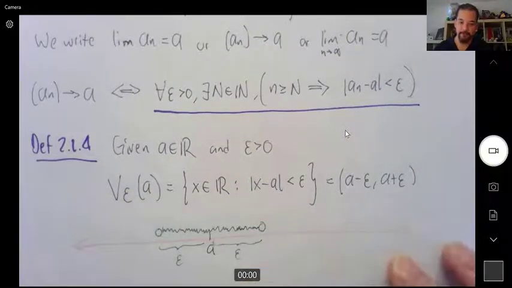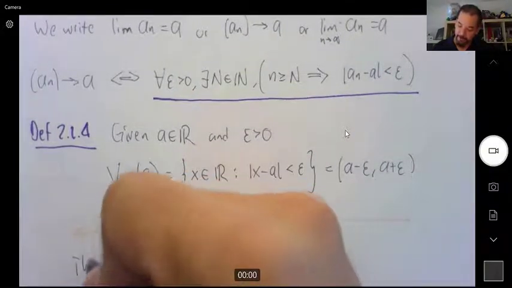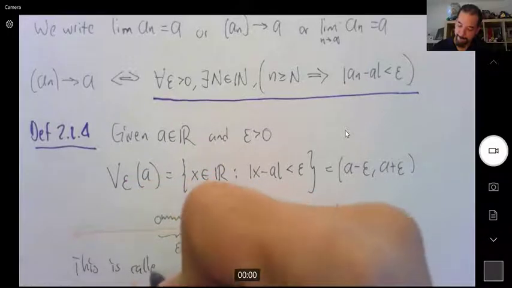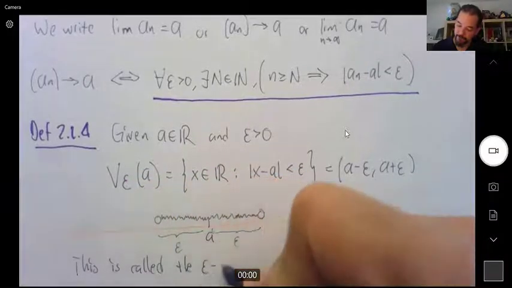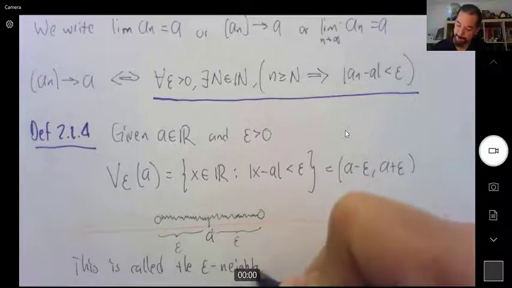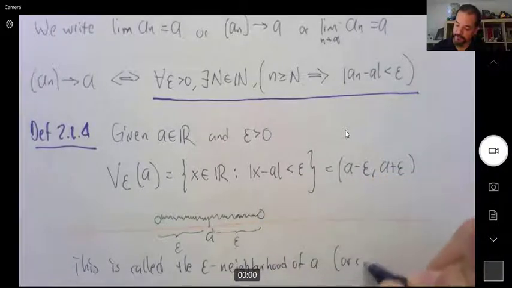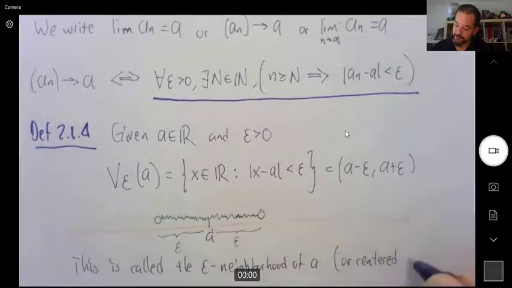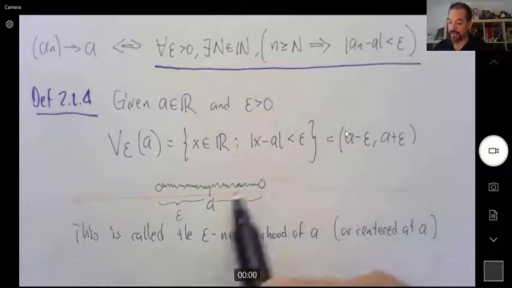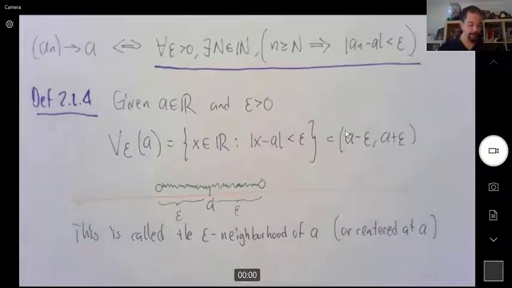Or centered at A. This is called the epsilon neighborhood of A, or centered at A, to emphasize the fact that A lies right there at the center, right?